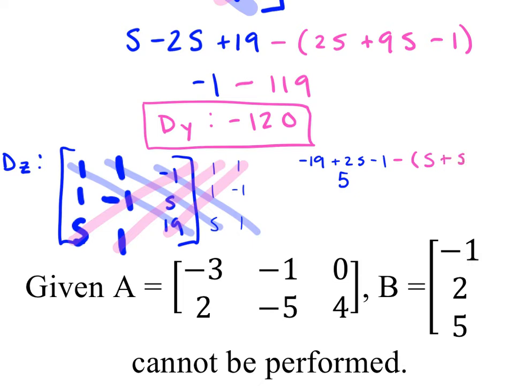And 19 times 1 is 19. So 5 plus 19 is 29. And what's 5 minus 29? Negative 24. So that's our d sub z.